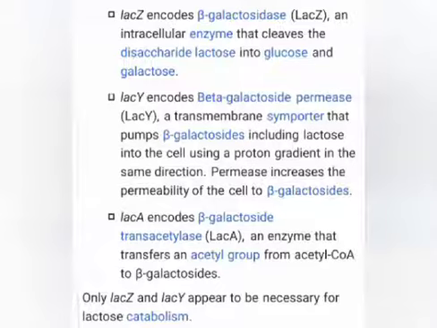In other words, the beta-galactoside permease increases the permeability of the cell membrane to beta-galactoside and lactose. LacA encodes beta-galactoside transacetylase, an enzyme that transfers an acetyl group from acetyl-CoA to beta-galactoside.